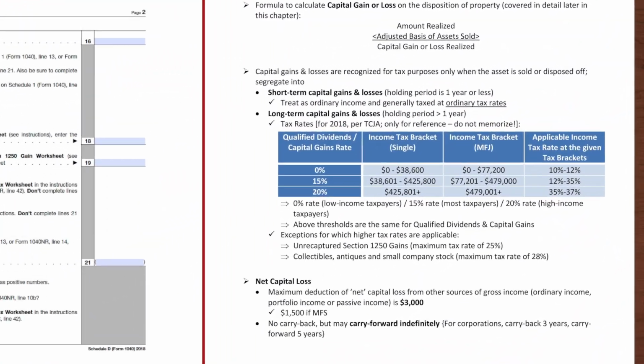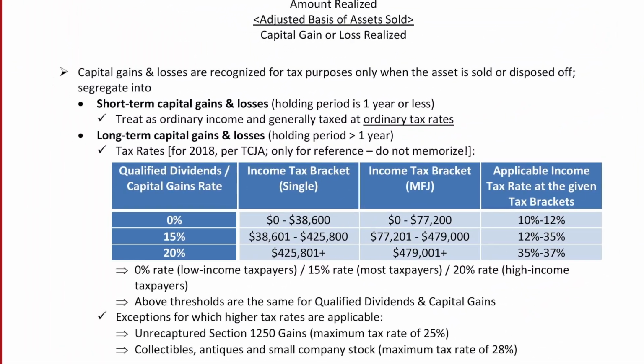Turn to page 39. On the second bullet there, highlight short-term capital gains, which are treated as ordinary income and generally taxed at ordinary tax rates. Highlight long-term capital gains, which have a 0% to a 20% tax rate.